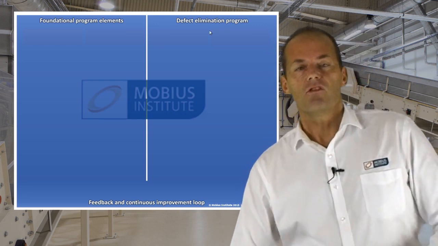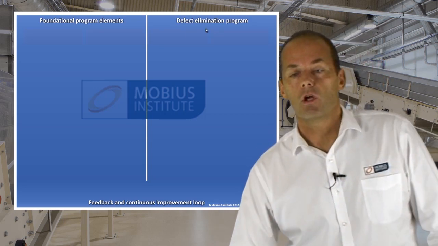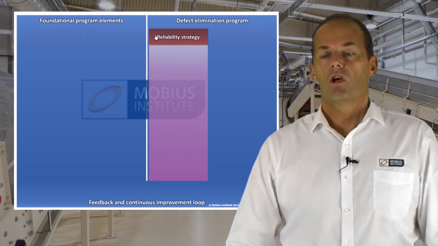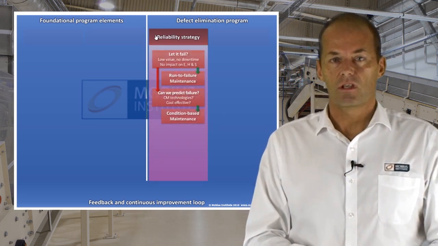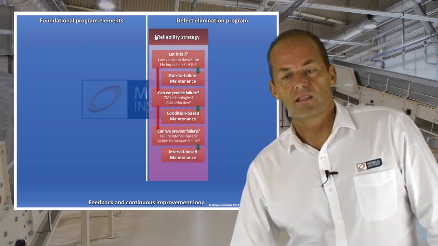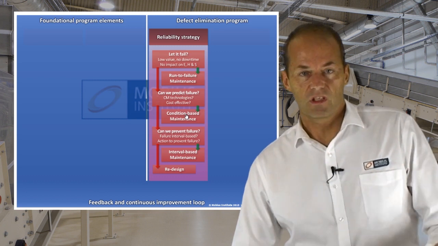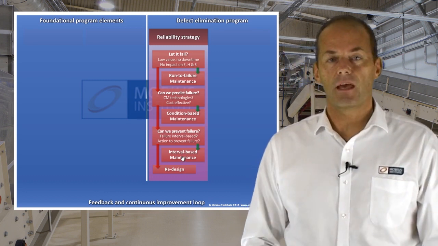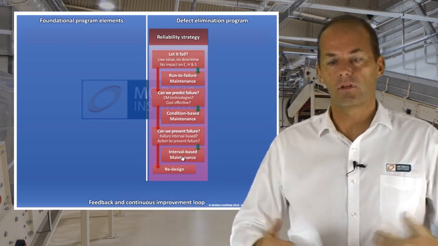If you think about how your program's going to work, there are certain elements that you will need to have in place. For example, you will need to do a failure modes assessment and decide which pieces of equipment you're going to run to failure, which you will perform condition-based maintenance on, and which you will perform interval-based maintenance on, so time-based or based on running hours or miles travelled and that sort of thing.